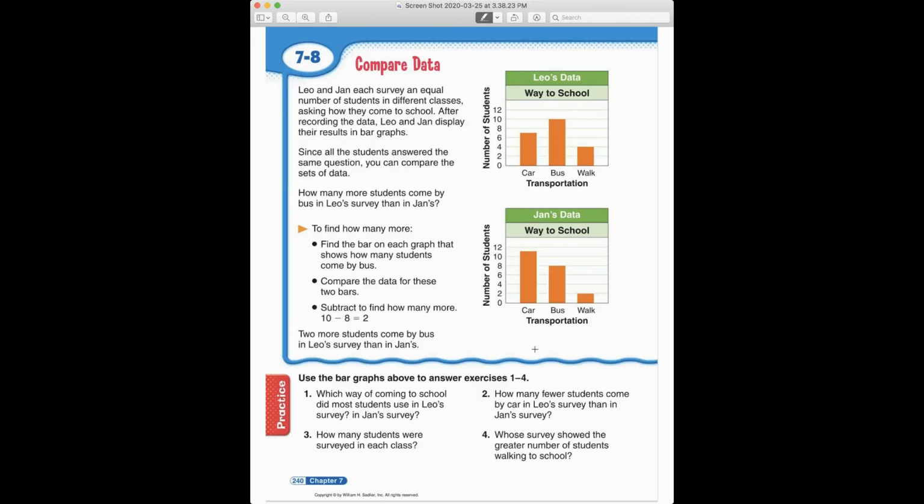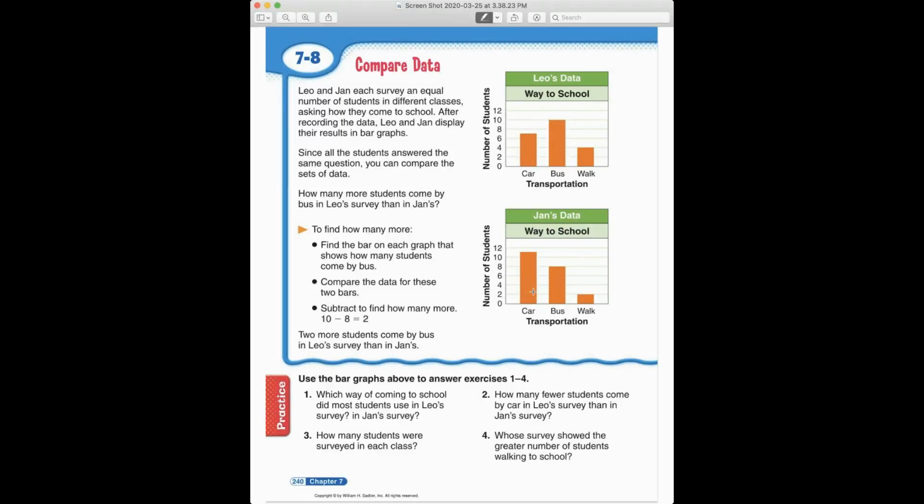For question number 2, it says how many fewer students come by car in Leo's survey than in Jan's survey. So we're going to look in Leo's survey and we're going to see that by car, it's not 6, it's between 6 and 8, so it would be 7.